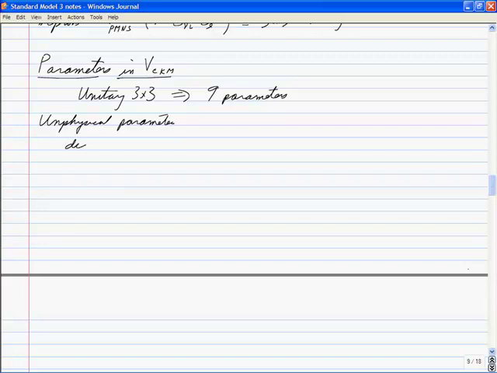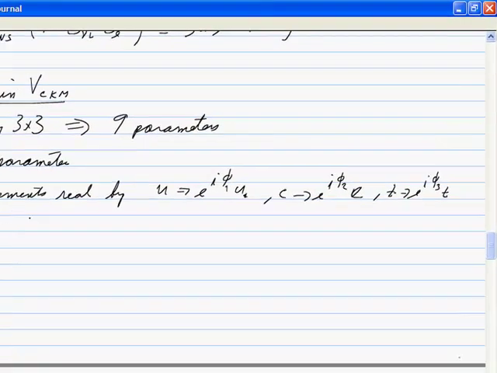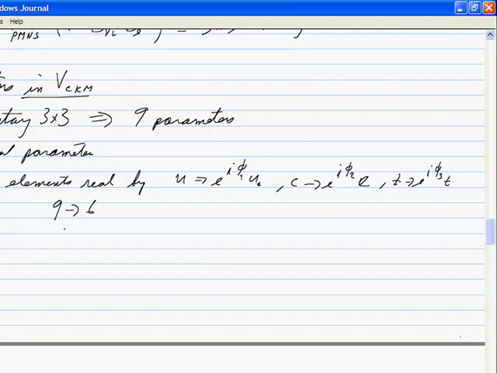You can make the diagonal elements real by choosing U goes to e^{i phi 1} U, C goes to e^{i phi 2} C, T goes to e^{i phi 3} T. So you can make the diagonal elements real that way. So 9 has gone down to 6 by doing that.